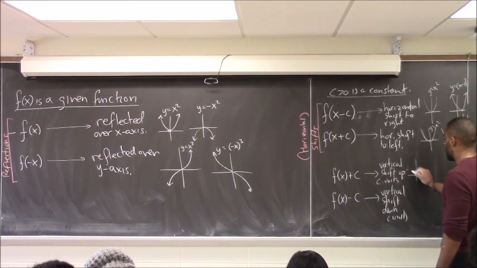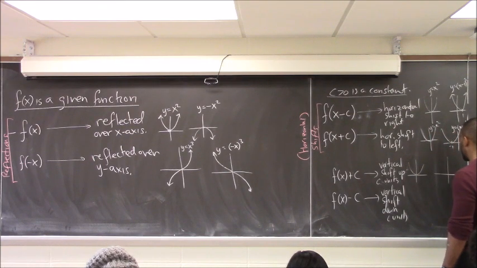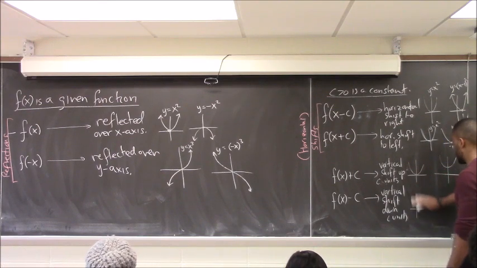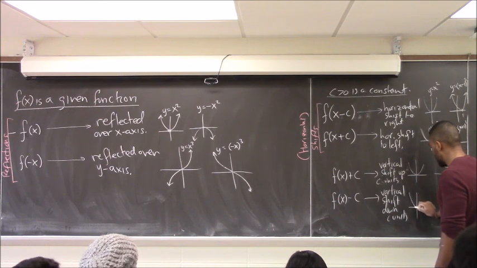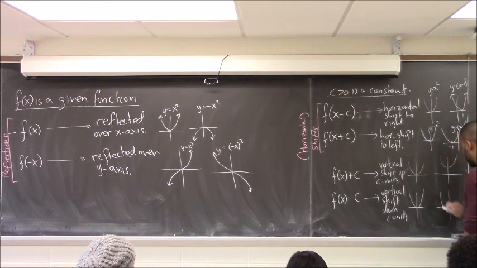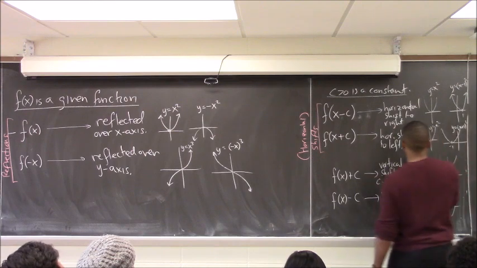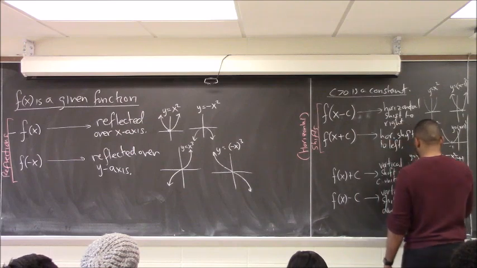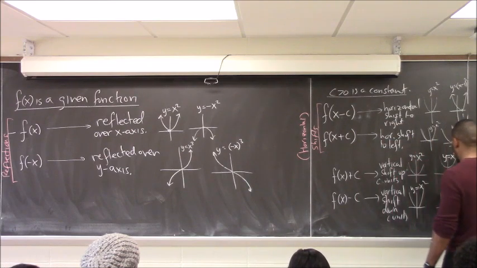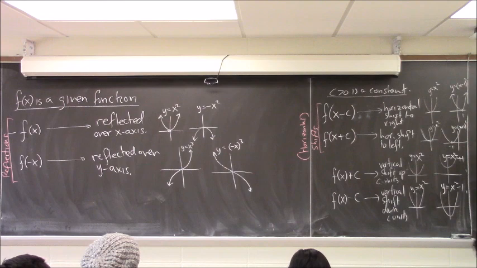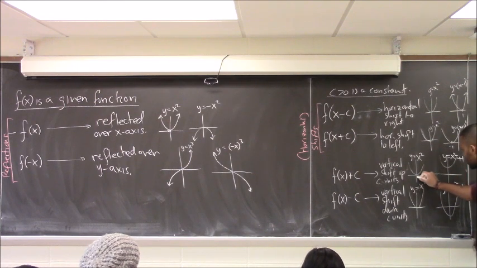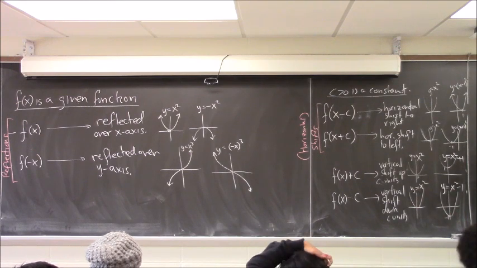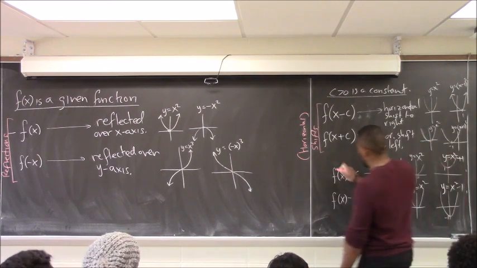So y equals x squared versus y equals x squared plus 1. Y equals x squared versus y equals x squared minus 1. And shift up or down by 1 unit. So this was at 0, this is now at 1. And this is at minus 1. So these are the vertical shifts.